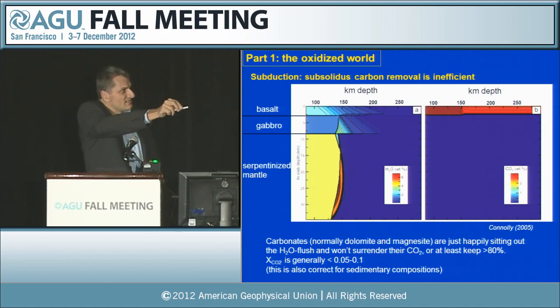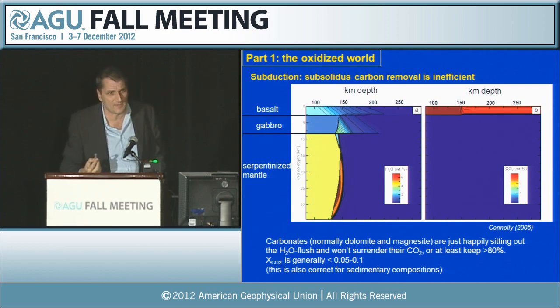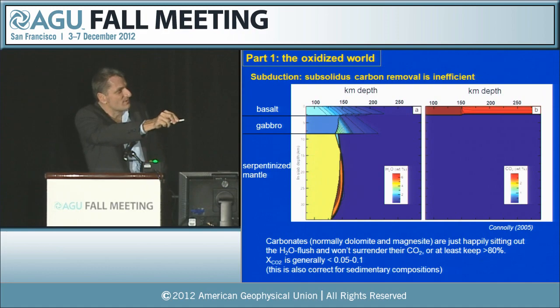So what he does, he calculates the water content and the CO2 content. So he has only CO2 in the basaltic layer with ongoing depth, removing the fluid. And even with this completely outrageous amount of water, you can flush out only a tiny amount of CO2. You go from something like 3.5 to 3.2% of CO2 in the crust.